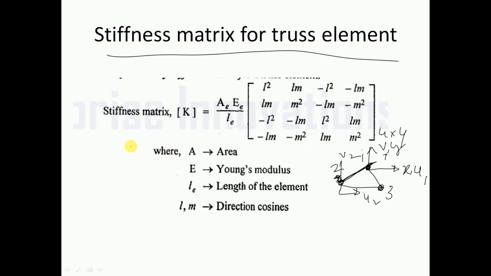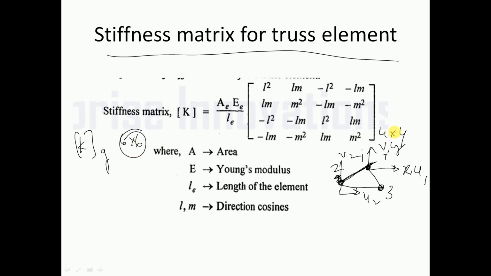If you want the global stiffness matrix for this truss element, what is the size? Let us say how many nodes are there? 3 nodes, 3 into 2, that is a 6 by 6 matrix you will get.